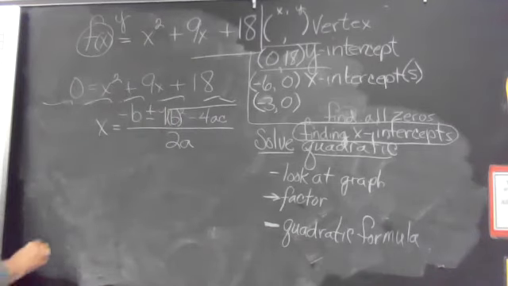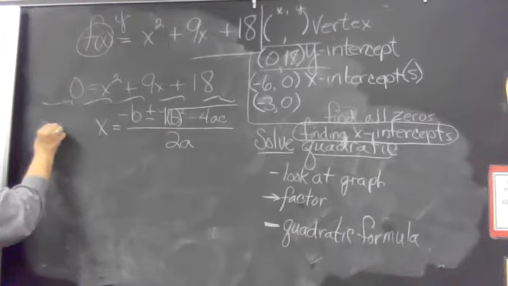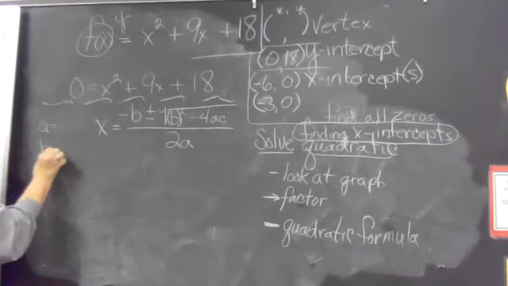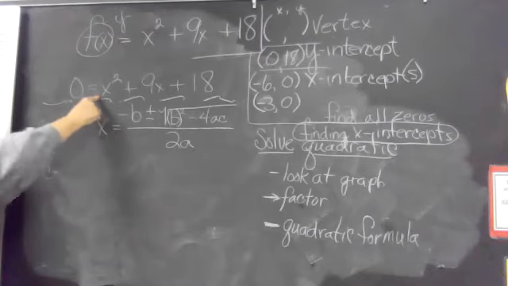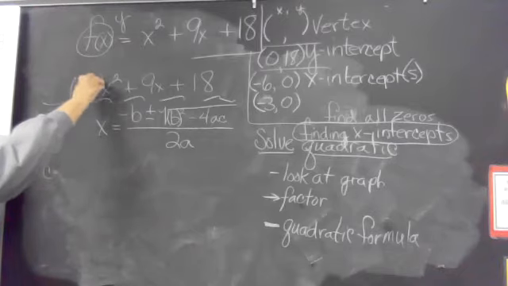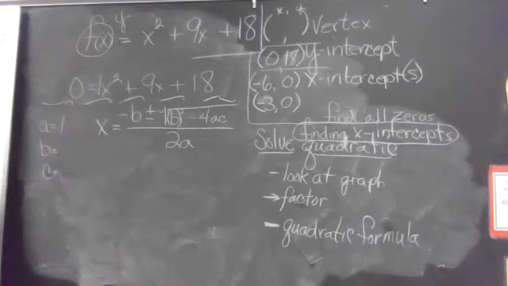Okay, now again, the ABCs are going to come from the same place that we got them just a little bit ago. So the A is the coefficient on the x squared. What is the coefficient on the x squared? 1, okay? So A is 1, a positive 1. And what is B? 9.